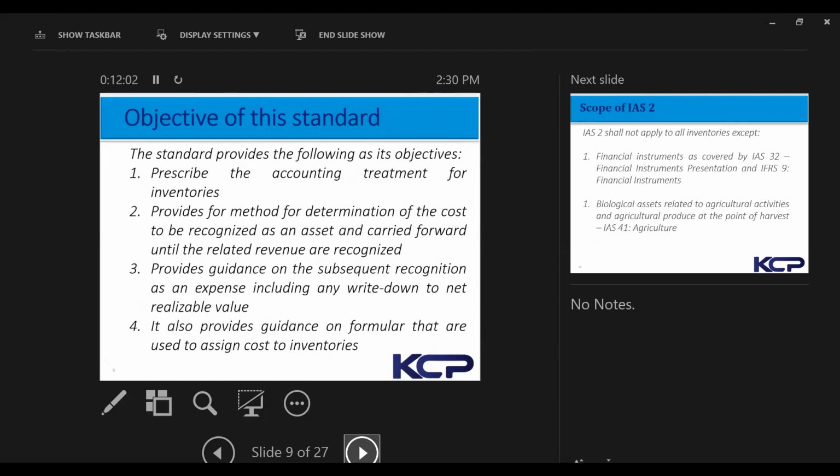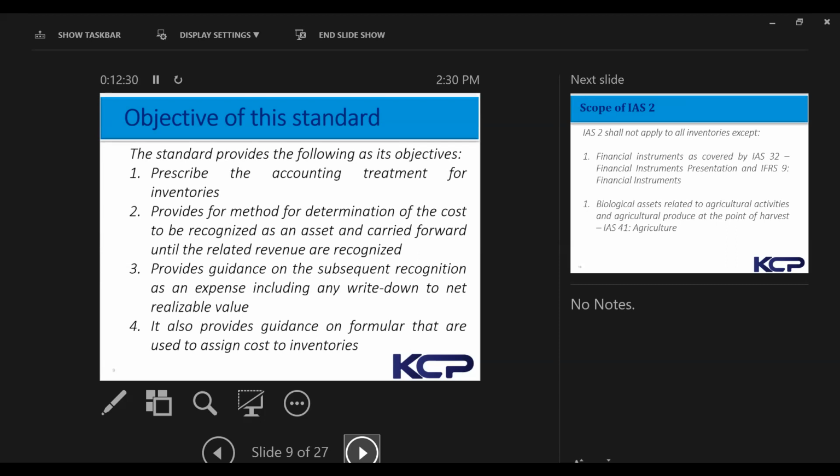So I haven't done that brief origin of IAS 2. What then were the objectives? Why do you think the standard actually introduced this? What do you think the standard hopes to attain? Every standard issued for this purpose has certain objectives.